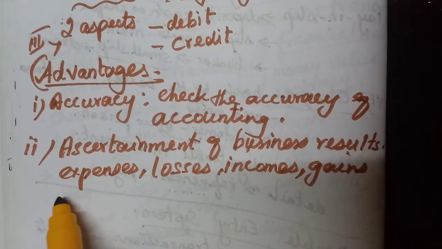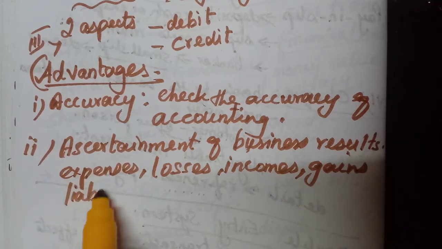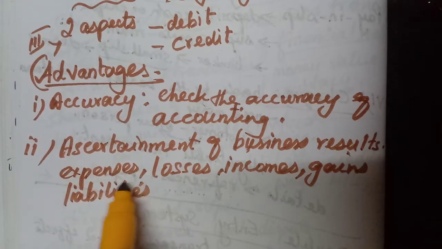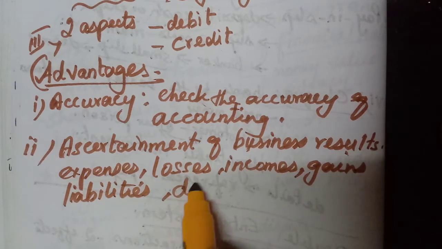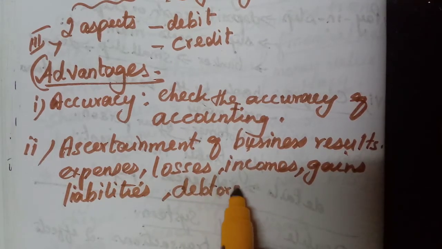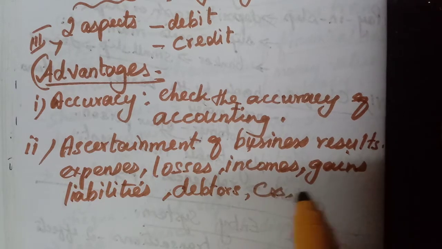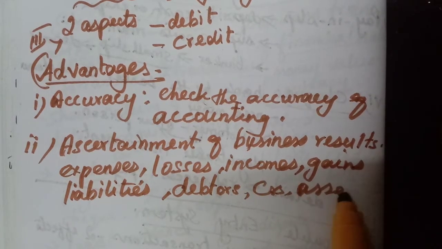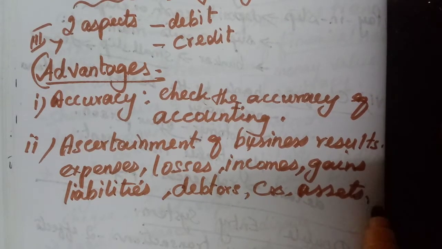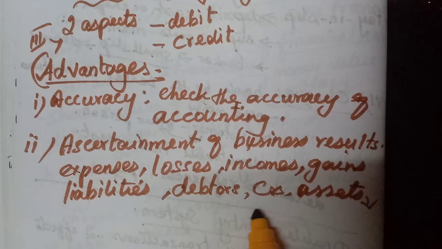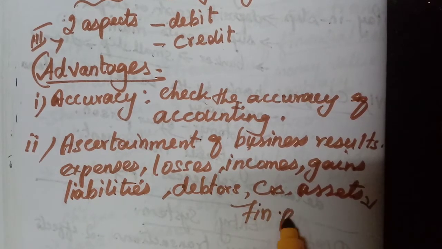Then the liabilities, then debtors, creditors, all the assets, all the other assets are available. From this we can calculate the financial position of the business.